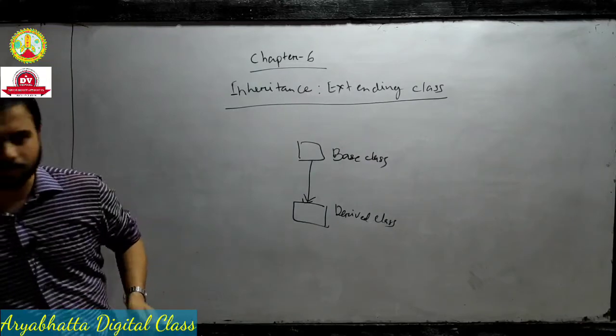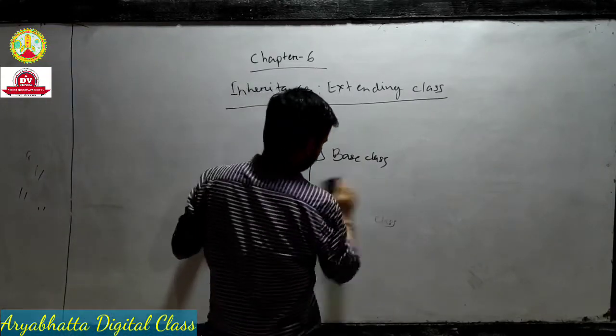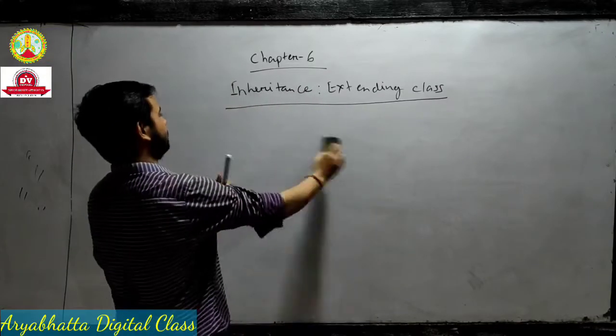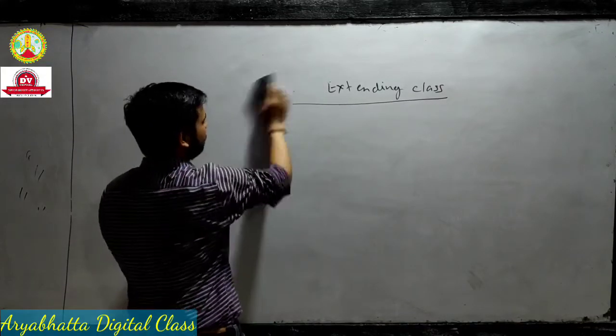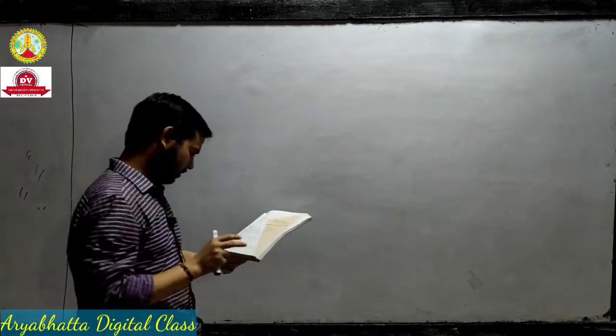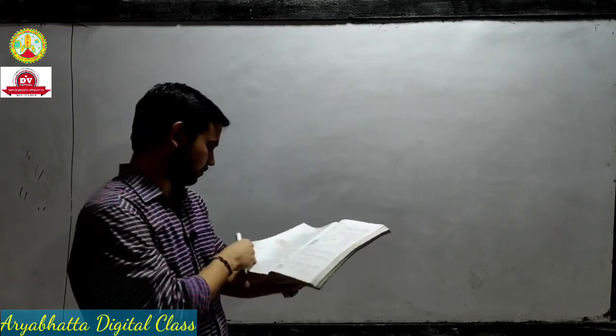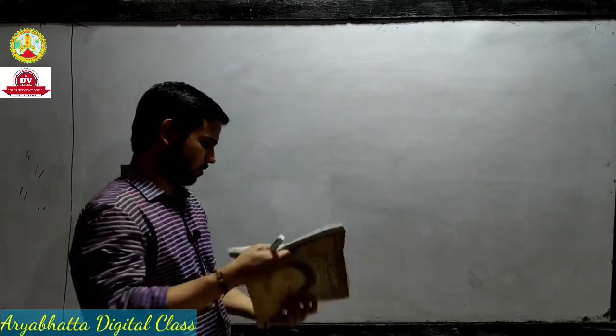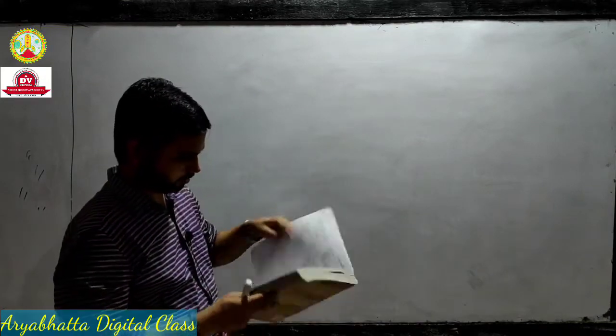There are many types of inheritance: multiple, single, multi-level, hierarchical, hybrid. We will discuss them further. First of all, we have to write the definition. I think I gave you a definition in the second chapter, object-oriented programming.